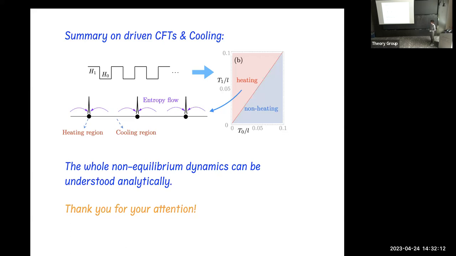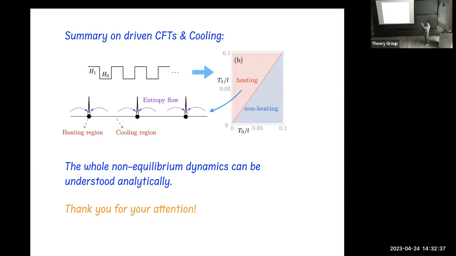In the following sense, for example, if you break the integrability of the CFT, sure, this will vanish. But even if you preserve the integrability property, if you introduce some noise in this driving, we use Hamiltonian H1 for T1 and Hamiltonian H0 for T0.